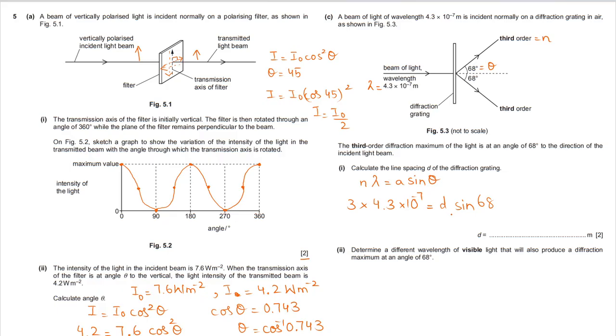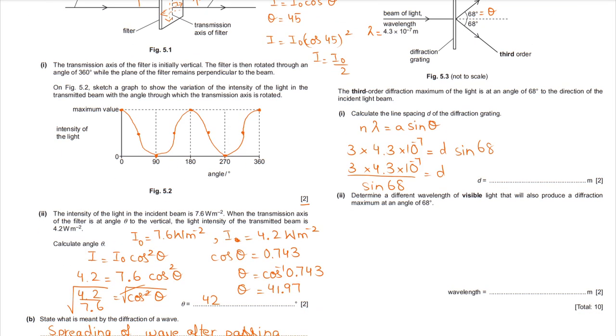Make d the subject, take sine 68 to the other side and divide. Put the entire expression on the calculator and you will get the final answer for d: 1.39 times 10 to the power minus 6.